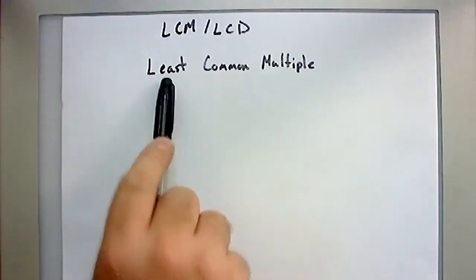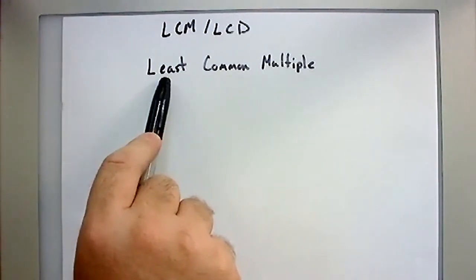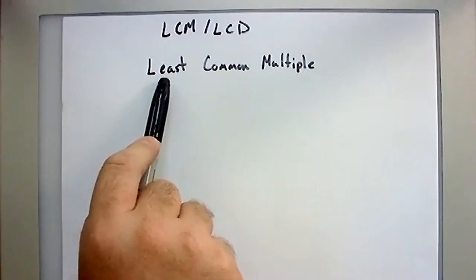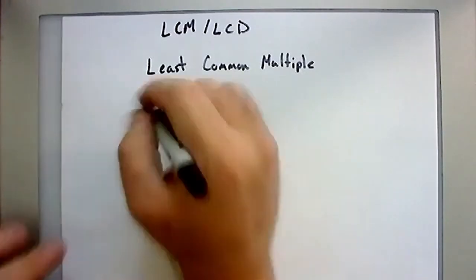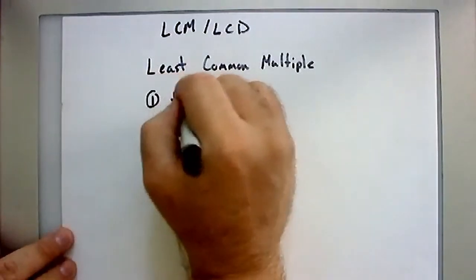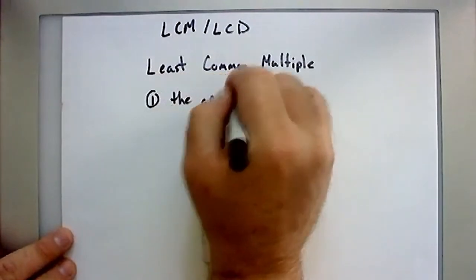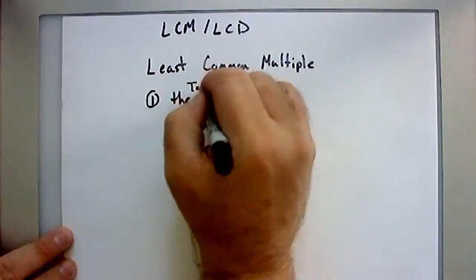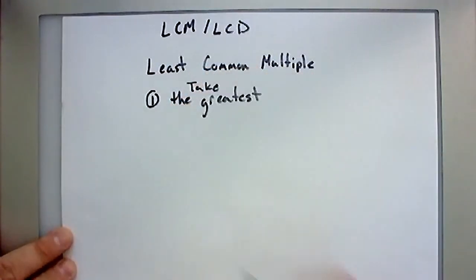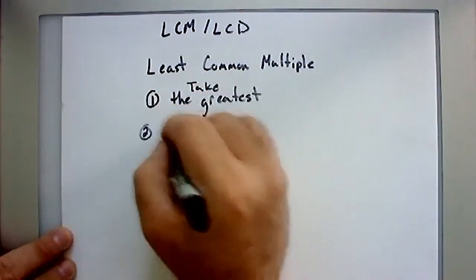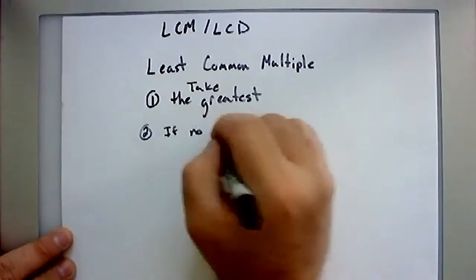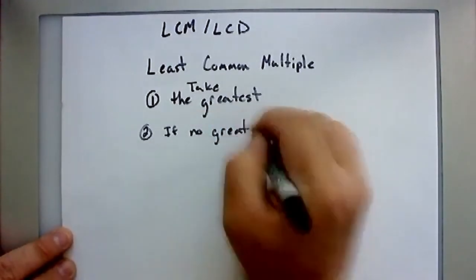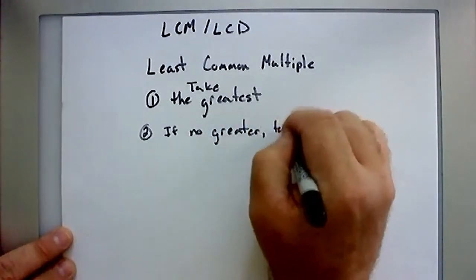Another way to do it is just remember it's the opposite of whatever the first word is. This says least common multiple, so what that means is you're going to be looking for the greatest. It's very confusing because it's backwards. We're going to take the greatest option when we can. And just like the GCF, if no greater, meaning if neither of the number pairs is greater, take either one.